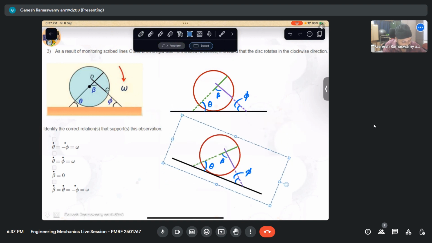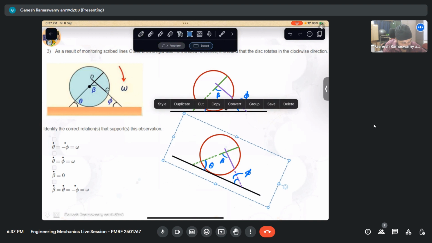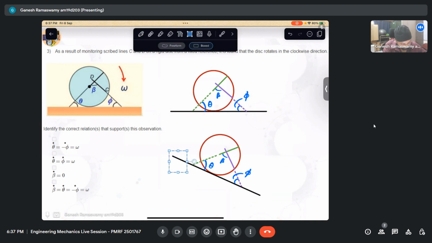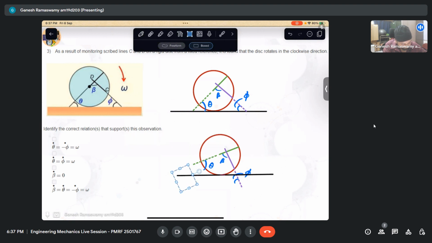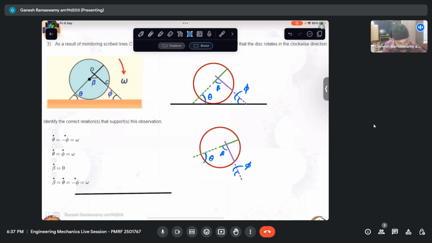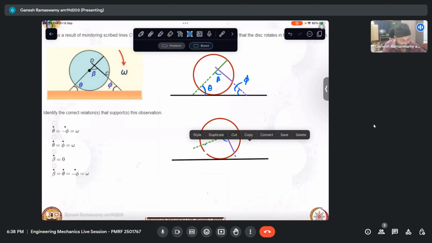Let us say that it has rotated like that, but not the reference. The reference needs to be straight still because it is a fixed reference. So I'll bring it here. Okay. Now let me move this reference. Essentially what I have done is I'll erase this and bring back the reference here. So it has moved like that after some time.